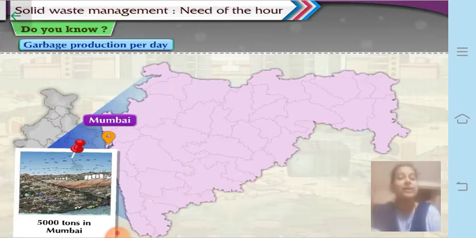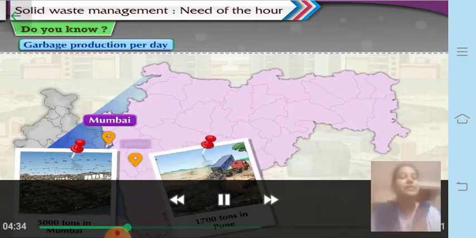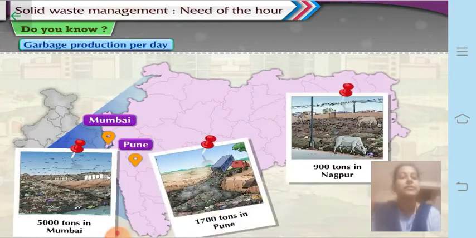So it will be around 50 lakh kilograms of waste generated approximately. Whereas the second one, Pune, generates around 1700 tons and Nagpur around 900 tons.